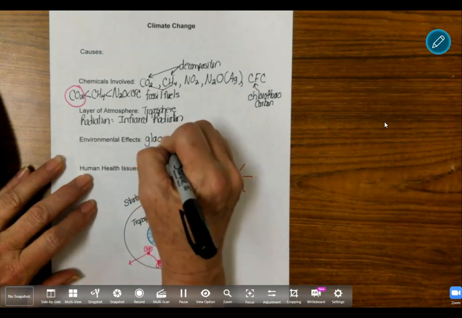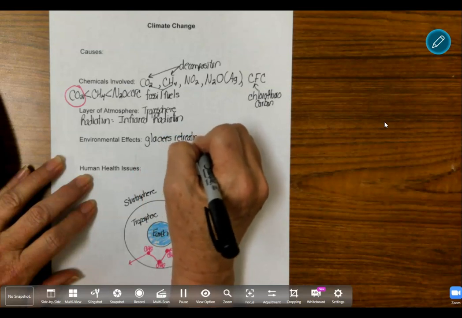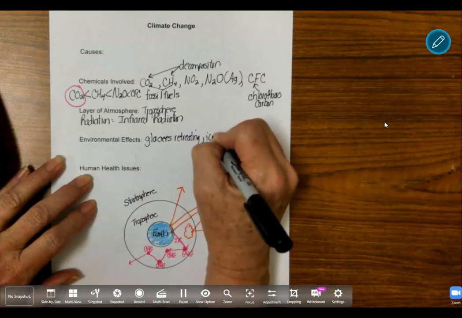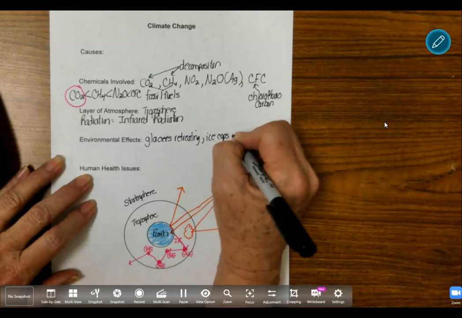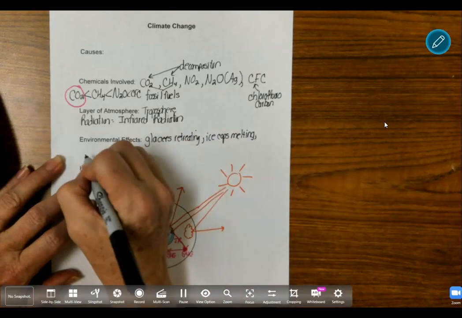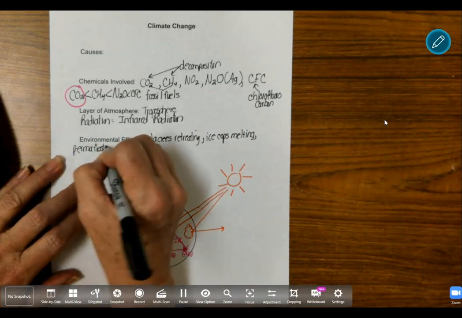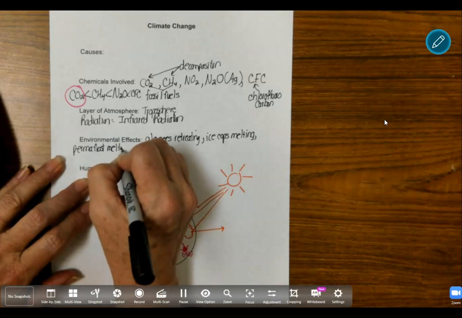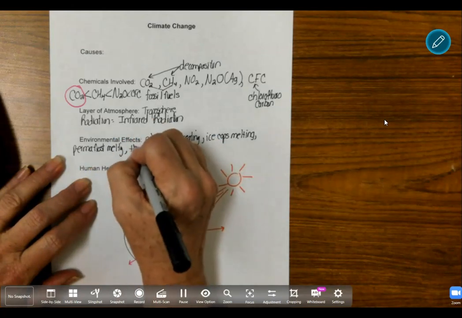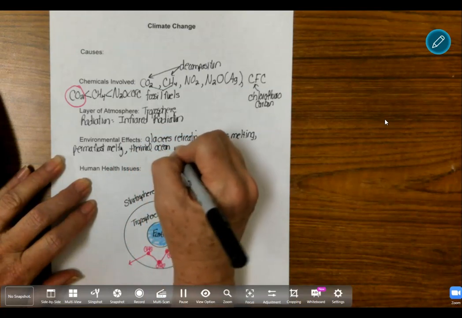We have glaciers retreating. We have ice caps melting. We have permafrost melting. Thermal expansion of the oceans. We're going to tackle that one tomorrow.